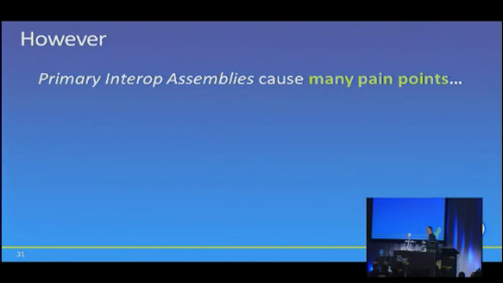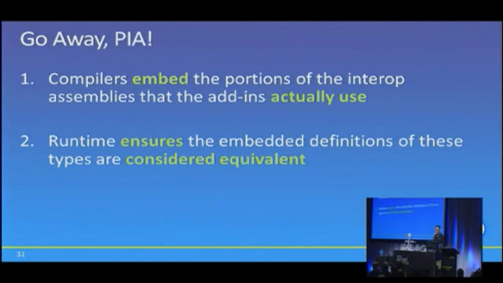I'm obviously scaling things down a little bit there. So PIA obviously doesn't just stand for primary interop assembly, and there's very good reasons for that. So how about we use type equivalence and we use the dynamic language runtime to say, go away PIA. We don't really want them anymore.